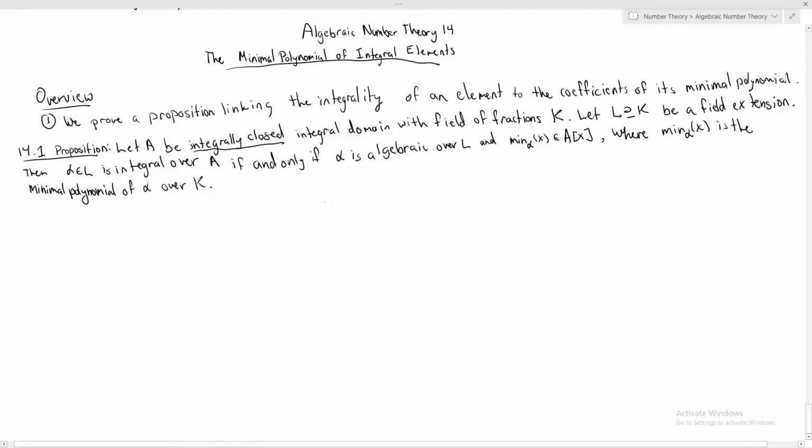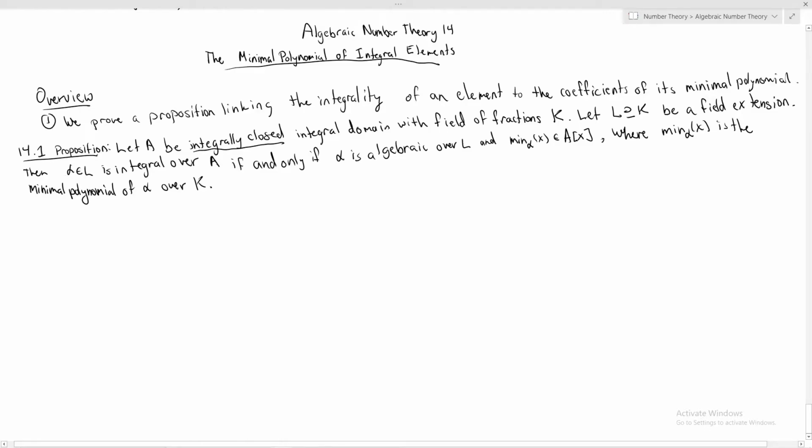Okay, so there are a couple different ways to look at this. One is it says, to check if an element is integral, I just have to compute its minimal polynomial. Another way to view this is, the definition of being integral over A means that it satisfies a polynomial with coefficients in A. We know that every alpha is going to satisfy its minimal polynomial just based on the definition of the minimal polynomial.